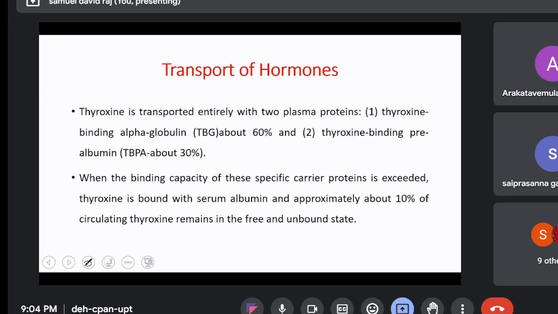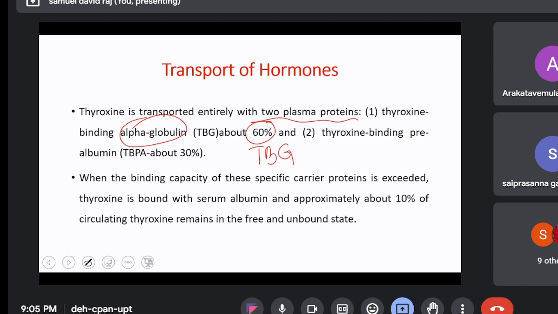After release into the normal circulation, they have to be transported through the blood. Thyroxine is transported with two plasma proteins, both called thyroxine binding proteins. The first one is thyroxine binding alpha globulin, which constitutes about 60%.